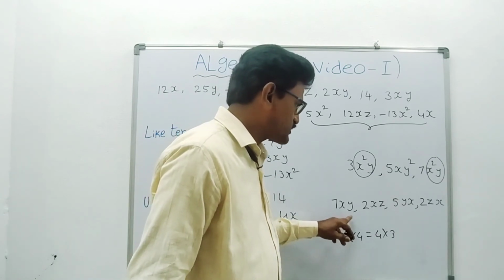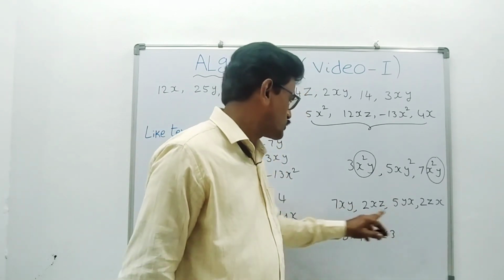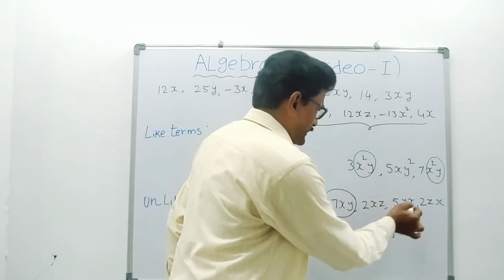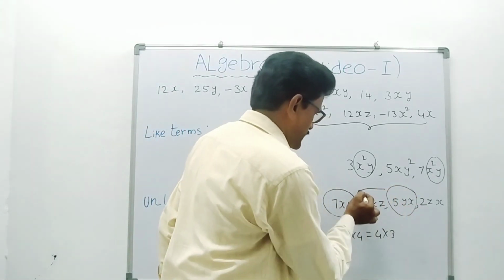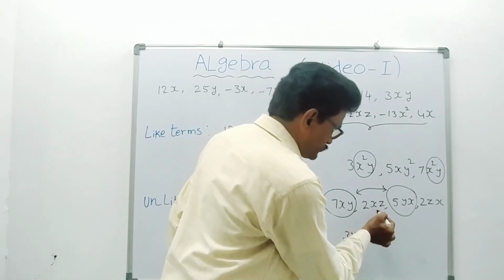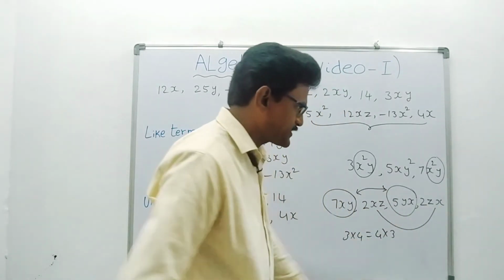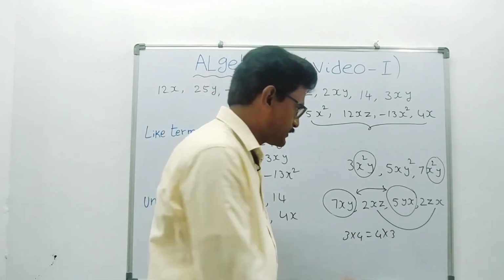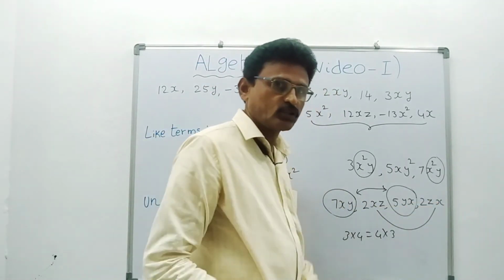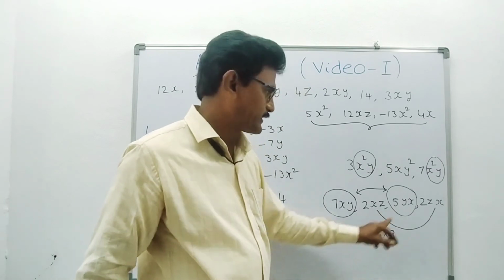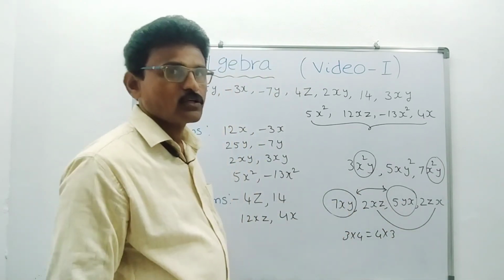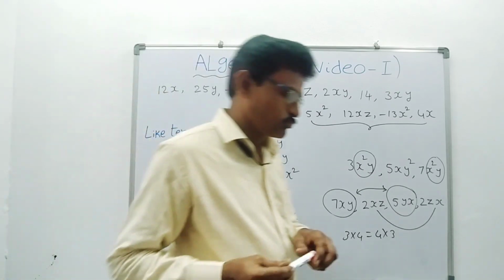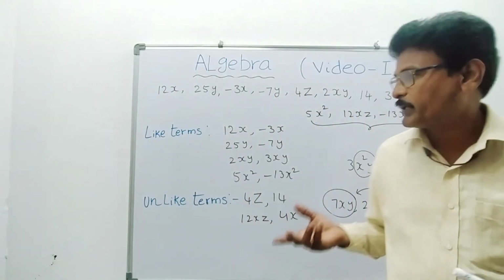Like that here also, x into y is y into x, both are the same. So 7xy and 5xy, these two are one category, like terms. Now this is 2xz, this is 2zx. Both are like terms. zx and xz are the same. So remember that thing. And in the next video, I will give an explanation of some other basic terms.